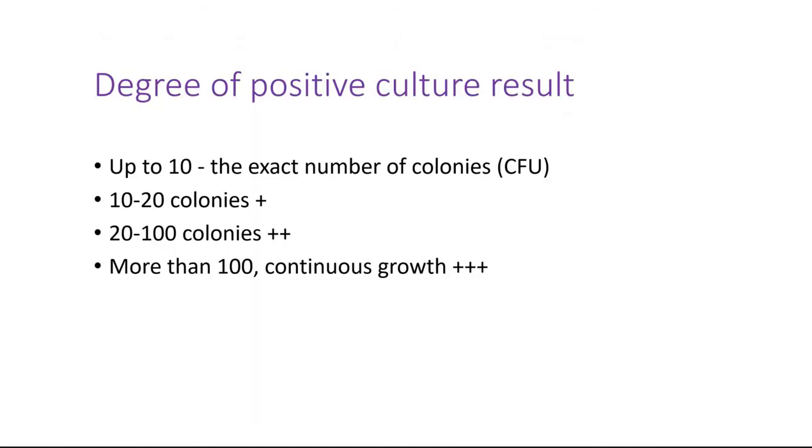And on this slide you can see the grading of positive culture results. Up to 10 colonies, the laboratory specialist writes the exact number of colonies as the result of the test.